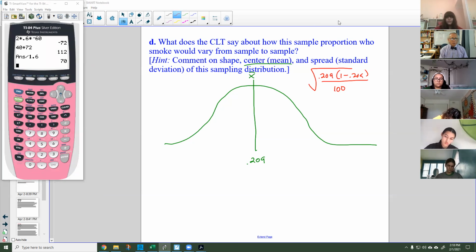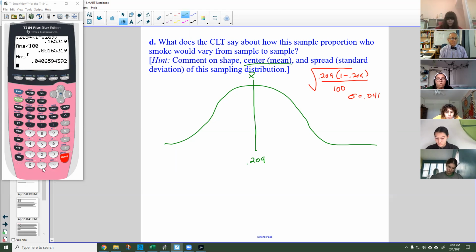I go 0.209 times 1 minus 0.209, and I divide that by 100, and then I take the square root of that, and I find out that my standard deviation, let's call it 0.041. Is that okay with everybody? So my standard deviation is equal to 0.041. Well, that's good to know.